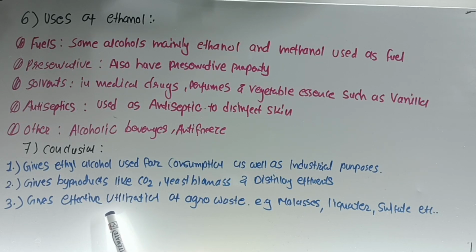And third, effective utilization of agro waste, such as molasses, liquor or sulfate. So these are all the steps and main points required to complete the 100% pure ethanol formation process.